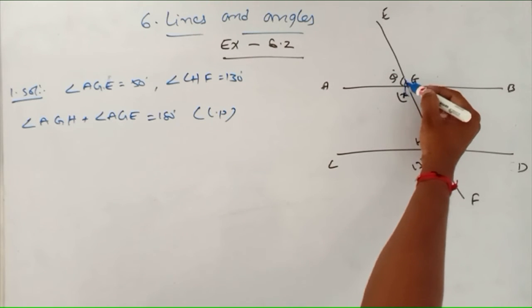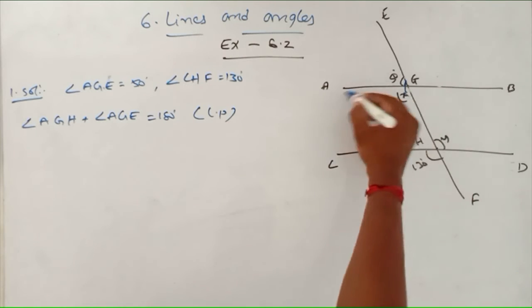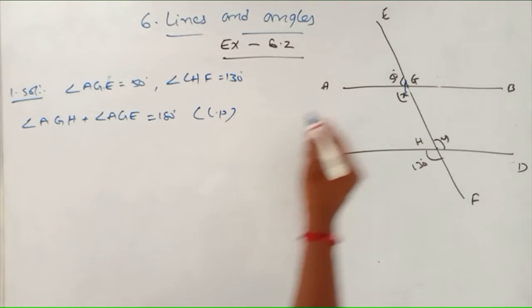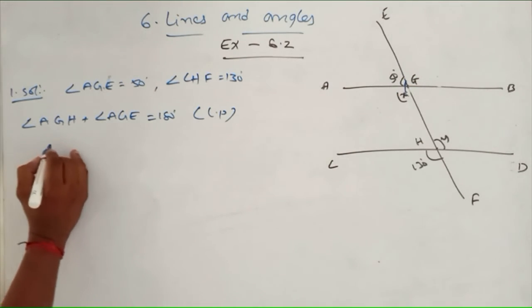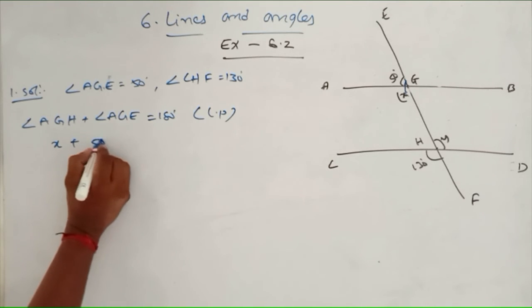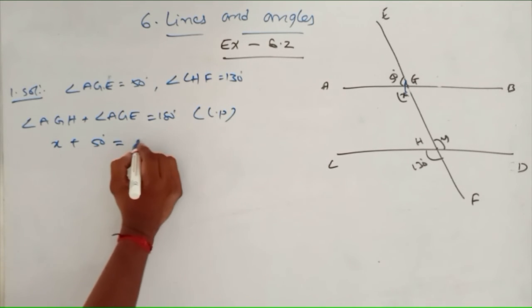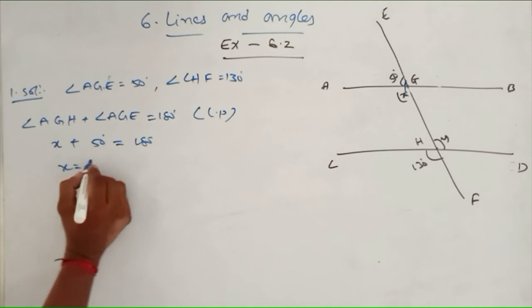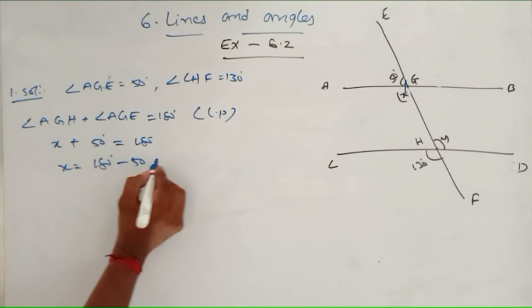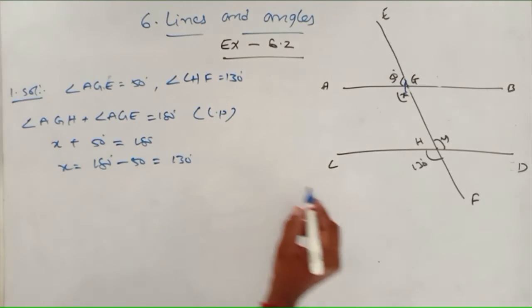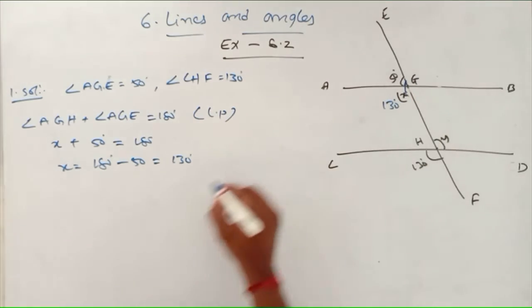This is a straight line here. AGH and AGE is equal to 180. Then the AGH value is x, plus AGE is 50, that's equal to 180. Now x is equal to 180 degrees minus 50 degrees, that's equal to 130 degrees. The x value I got is 130 degrees.